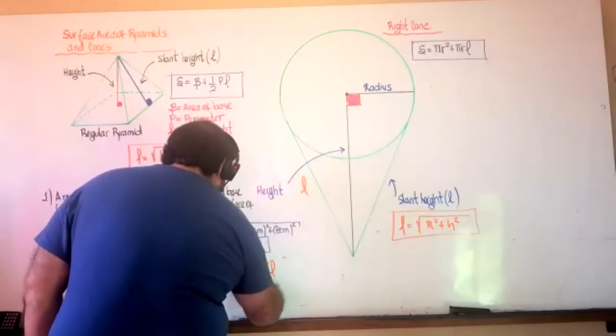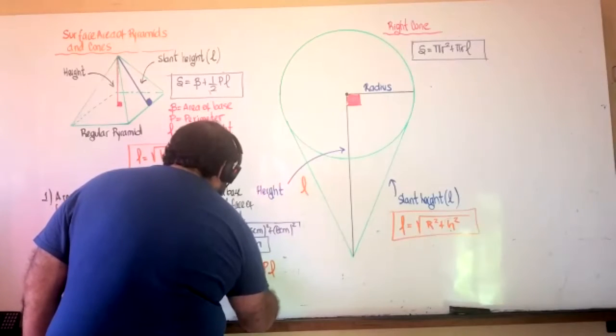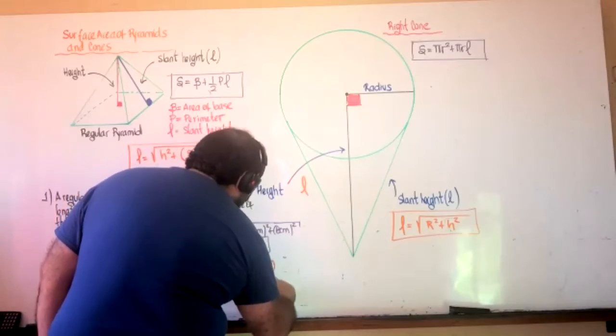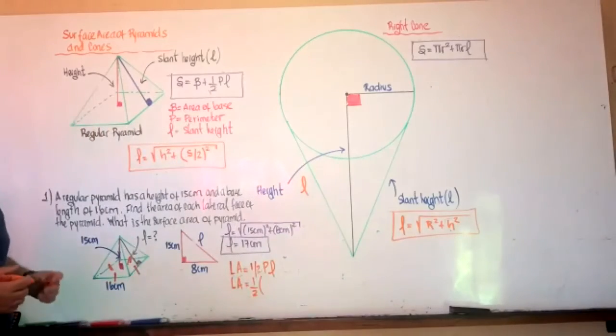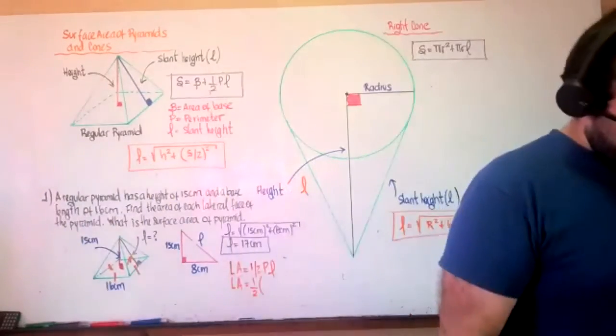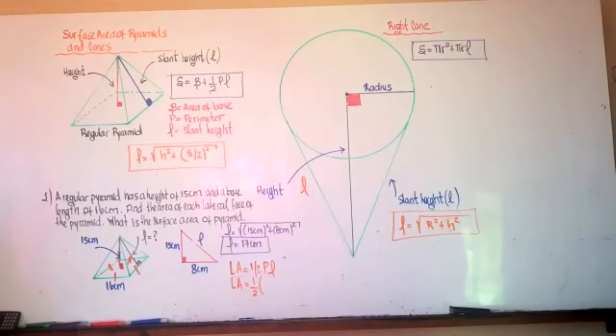So the lateral area, or LA, will be given by 1/2 the perimeter. Perimeter of what? How can we calculate the perimeter here? Any idea? The perimeter of the base.